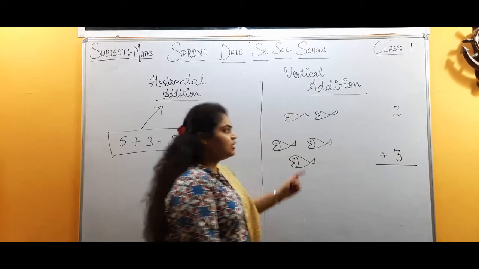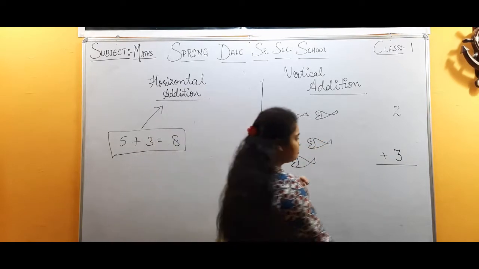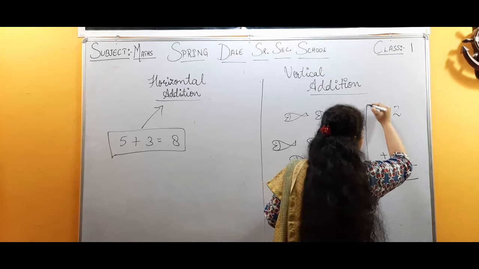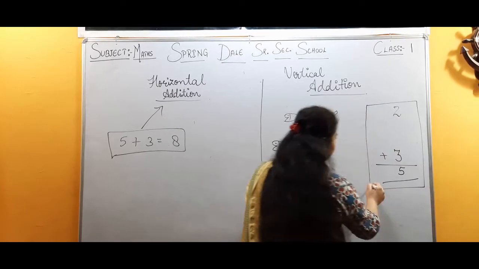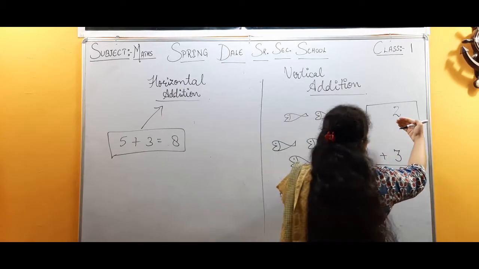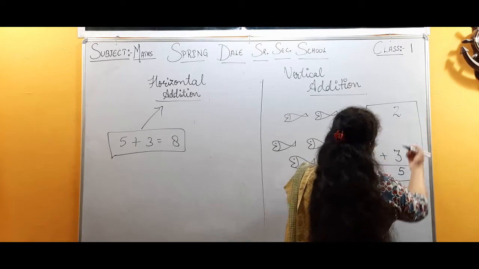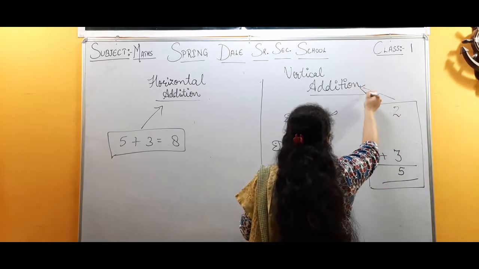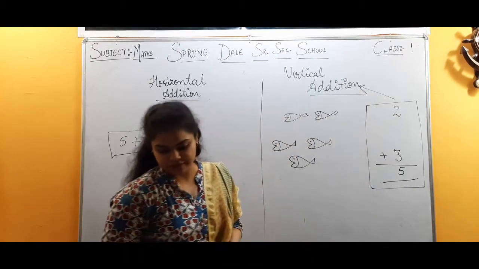Now children, 3 plus 2 कितना होगा? 5. So this type of addition, which is in the numbers which are written first here and the second one here, then we add both the numbers, we call this addition as vertical addition.